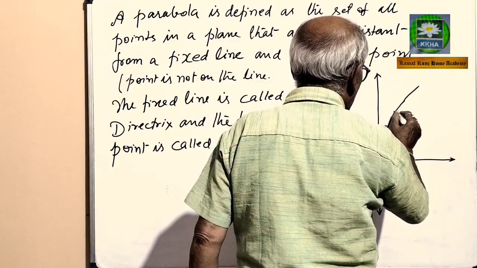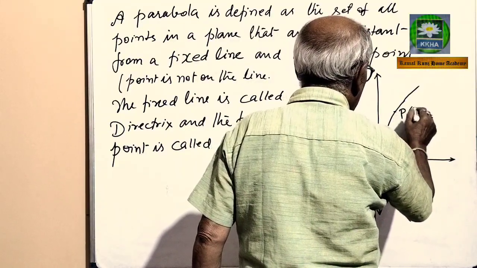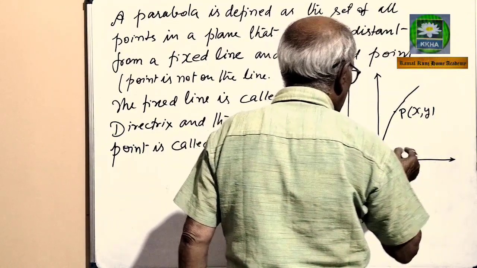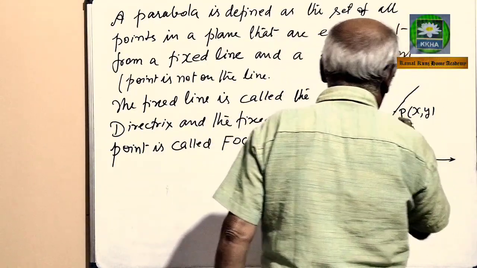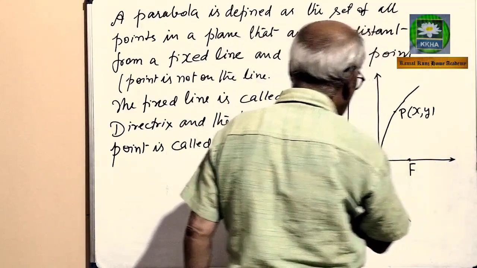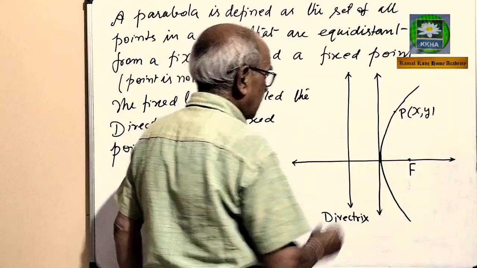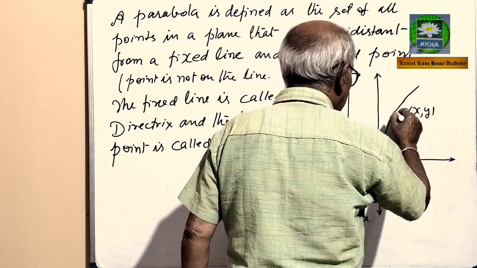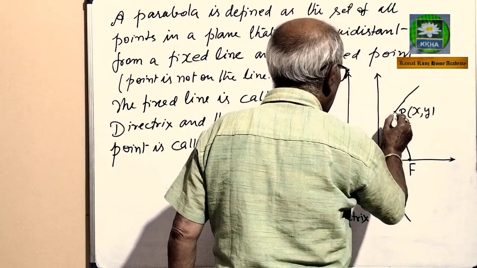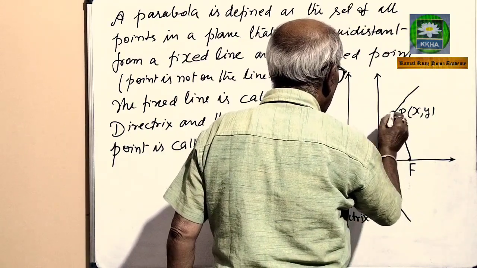If P is a point on the parabola (x, y), then this point will be equidistant from focus and directrix. From P draw perpendicular to this line.